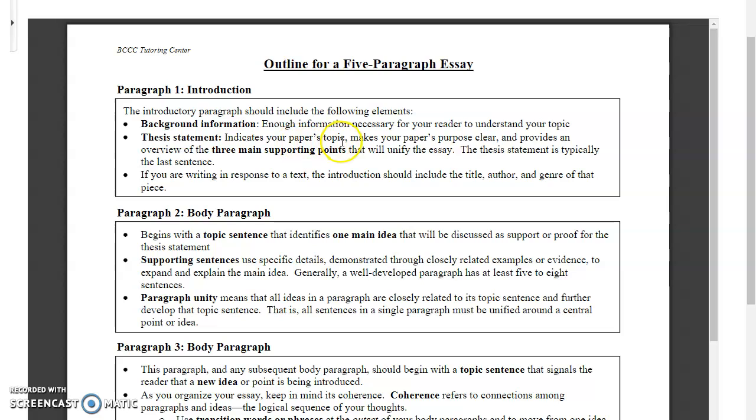This indicates your paper's topic, makes your paper's purpose clear, and provides an overview of the 3 main supporting points that will unify the essay. So in your essay, if you say you overcame challenges, right? That you overcame a challenge, and let's say you learned a lesson.